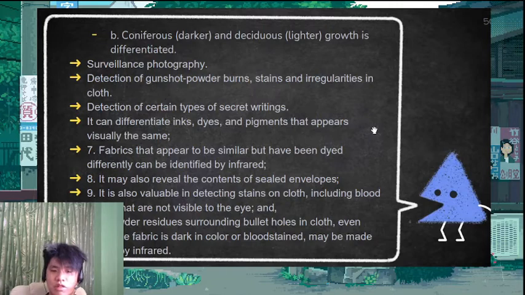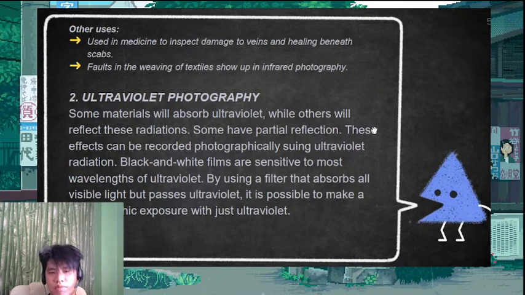Detection of certain types of secret writings. So, secret writings means yung hindi nakikita sa naked eye, pero may nakasulat pala. So, it differentiates inks, dyes, pigments, fabrics that appear to be similar but have been dyed, and all other na naka-flash dito sa screen. So, yun.